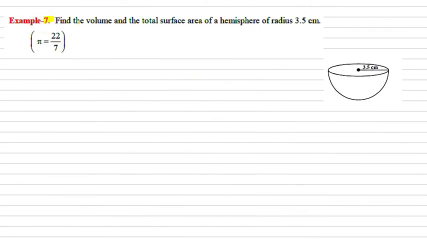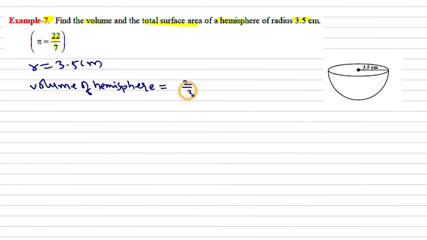Example 7th one. Find the volume and total surface area of a hemisphere of radius 3.5 centimeter. Here pi is equal to 22 by 7. So here given radius is equal to 3.5 centimeter. So we need to find the volume of a hemisphere, which is equal to 2 by 3 into pi r cube.